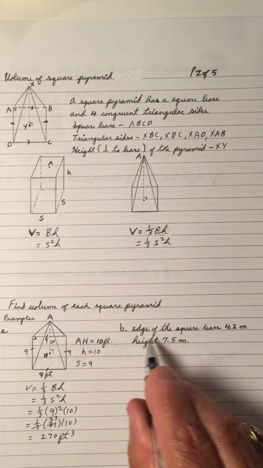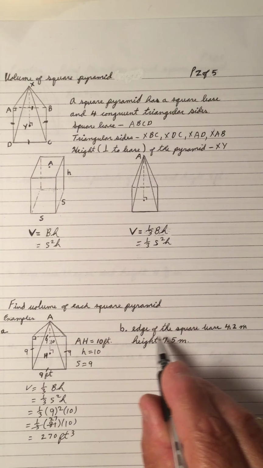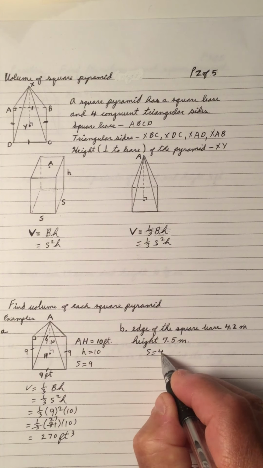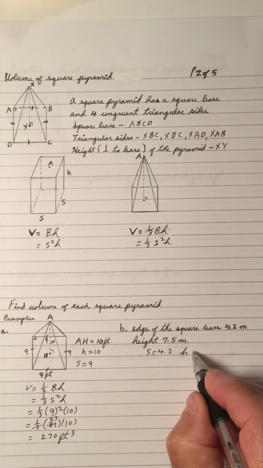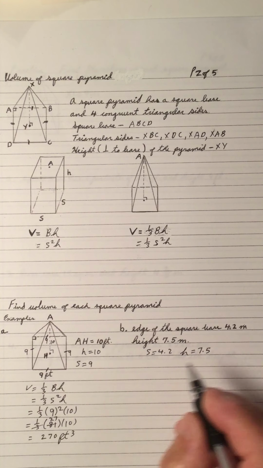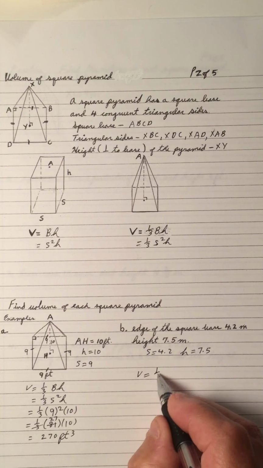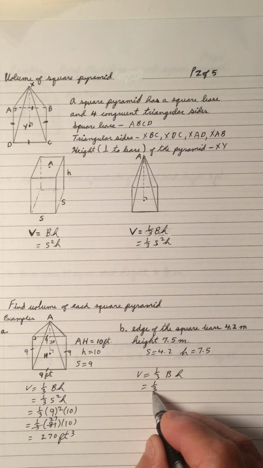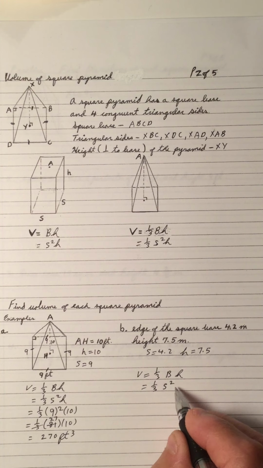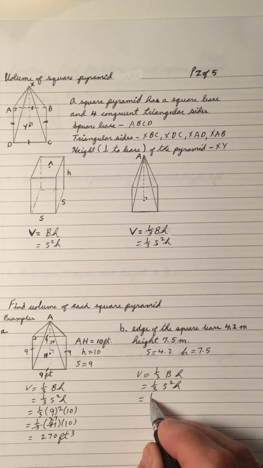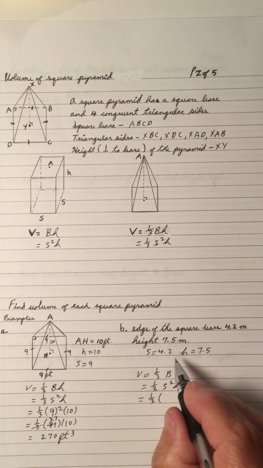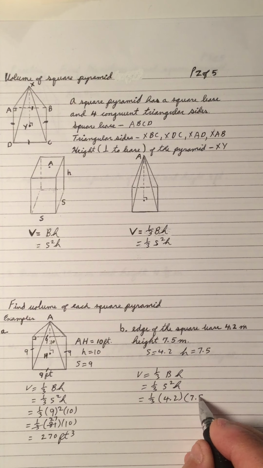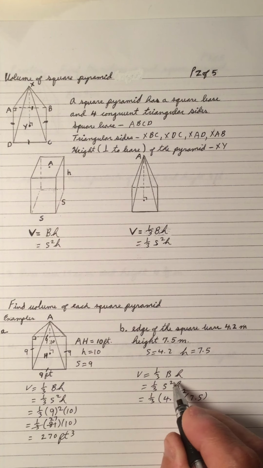And B, the edge of a square base of a pyramid with a square base is 4.2. So S is 4.2 and it is in meters. The height is 7.5 meters. So the volume is 1/3 base area times height. So it's 1/3 of S squared H. So it's 1/3, and the base is 4.2, and the height is 7.5, and I put the square on that.